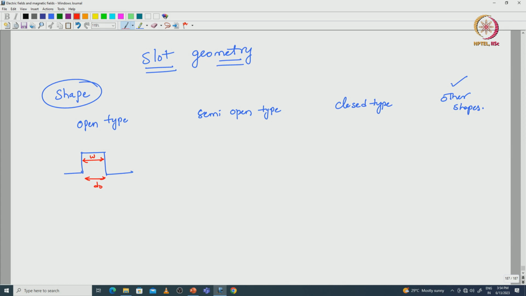In the semi open type of slot, slot width and slot opening may not be same. This is semi open type of slot, and in closed type of slot there is no opening for inserting the coils. And in the other shapes, like different types of shapes, for example double cage type of slot.